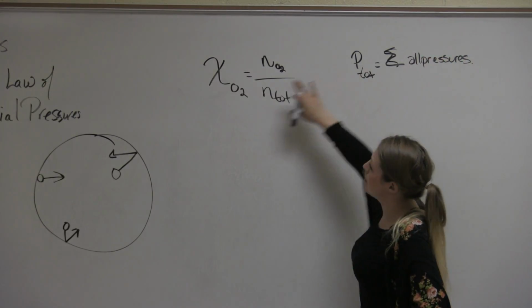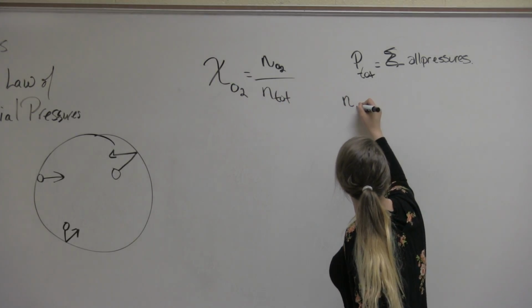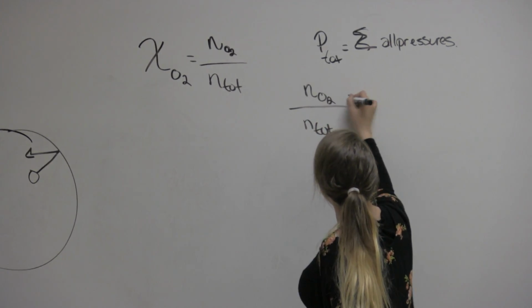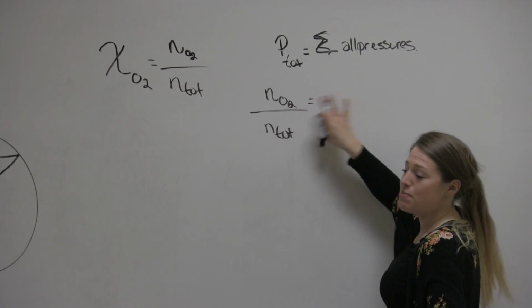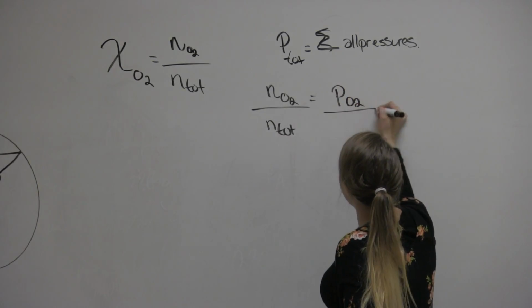Okay, so we're going to relate this back to mole fraction. So here, if our mole fraction is the mole of our individual gas divided by our N total, we can also say that that relationship is going to be the same for pressures. So the pressure of our gas divided by our P total.